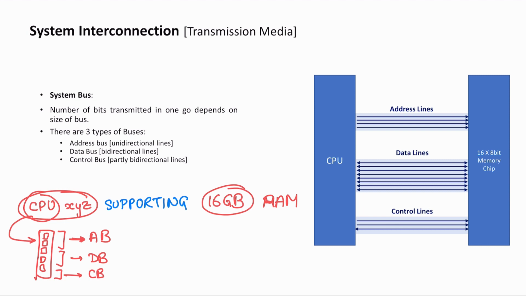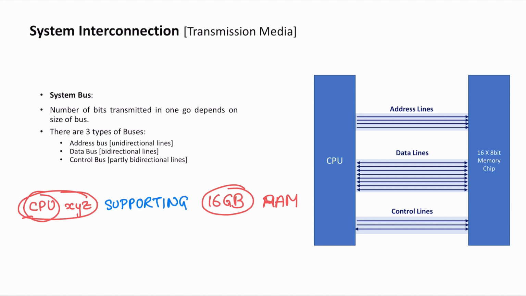The number of these pins is predefined, since they are manufactured that way. So we can only connect this many lines, because each pin can be connected to only one line. Now what do we mean by CPU XYZ supporting a maximum of 16 GB of RAM? Let's proceed step by step.